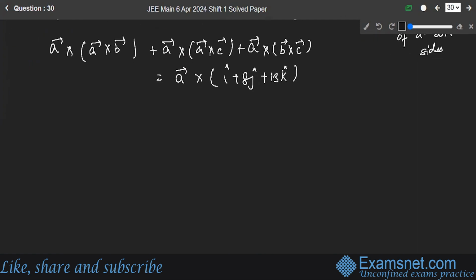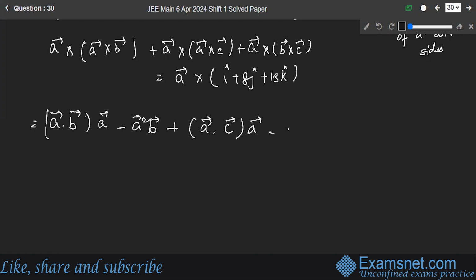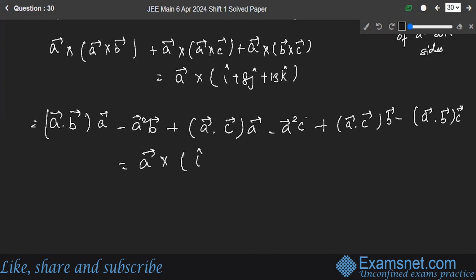So now this can be written as (A dot B)A minus A square B, plus (A dot C)A minus A square C, plus this will be (A dot C)B minus (A dot B)C. This is equal to this plus 13k.